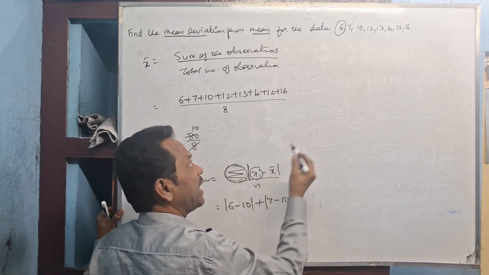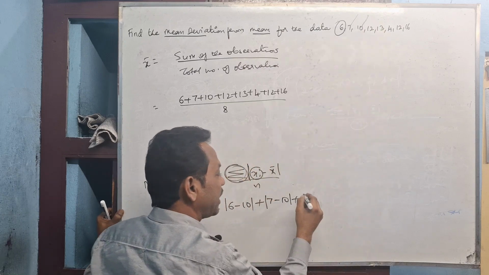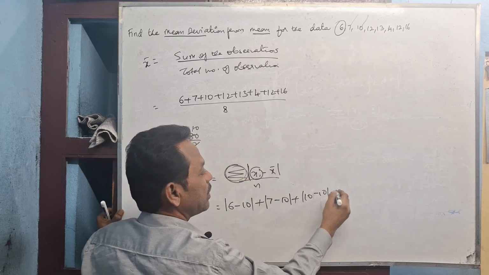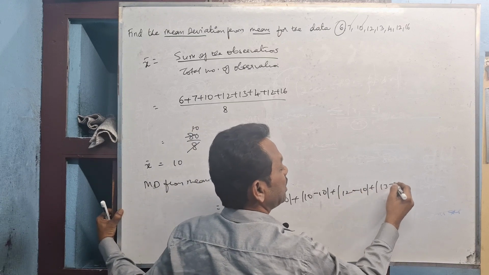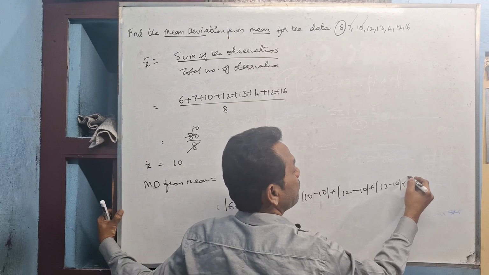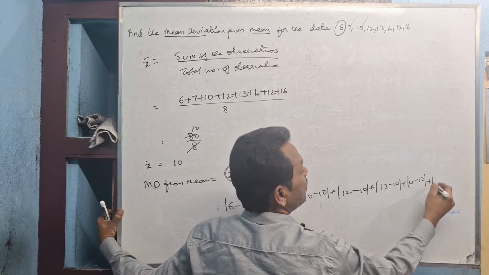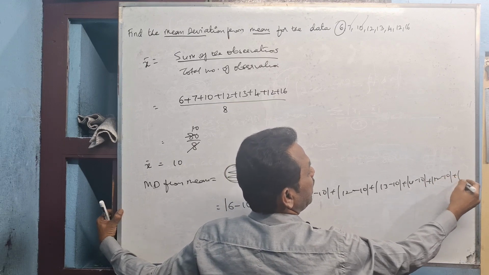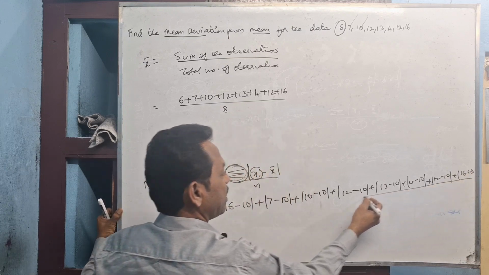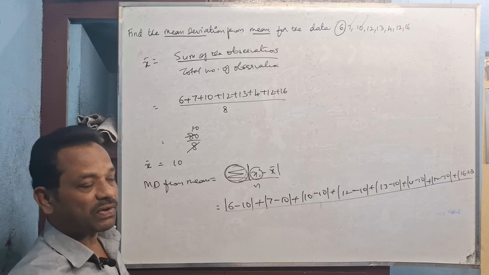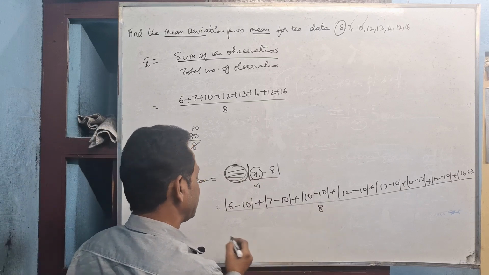Next the third data is 10 minus 10 plus 12 minus 10 plus 13 minus 10 plus 4 minus 10 plus 12 minus 10 plus 16 minus 10, divided by n, the number of observations. Here we have 8 observations.